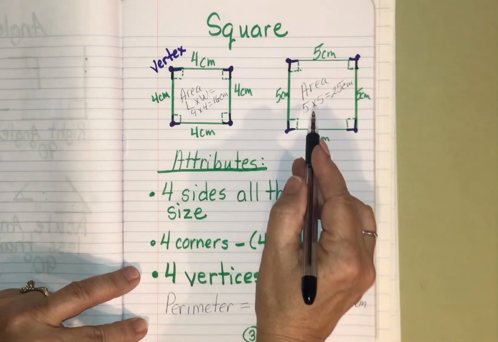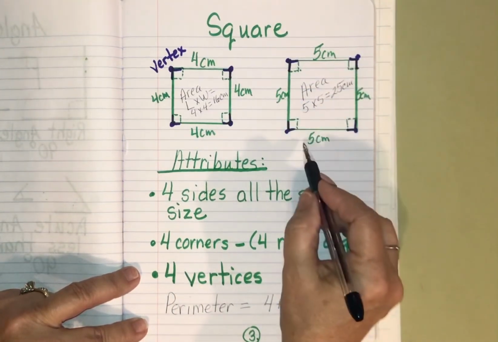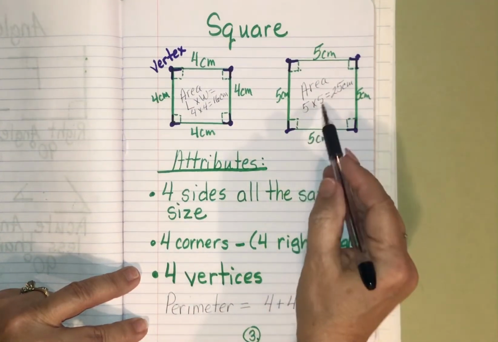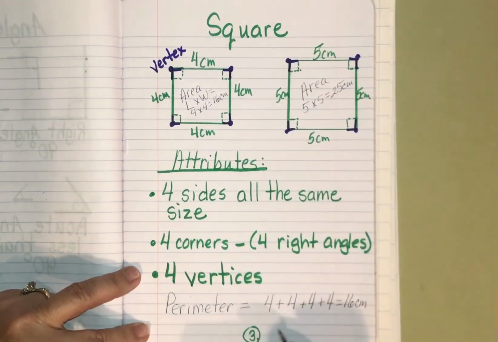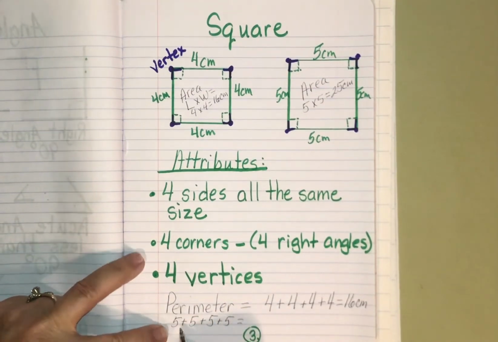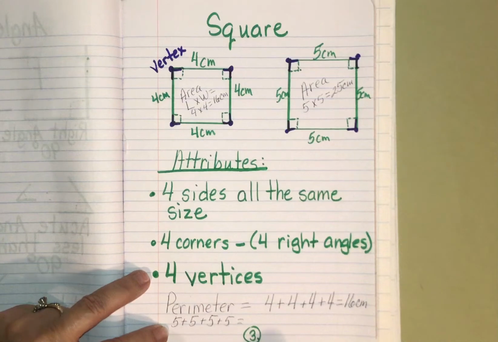The perimeter for this one would be 5 plus 5 plus 5 plus 5. All right? And that would be, let's do that one. So we've got 5, let's write it right here, plus 5 plus 5 plus 5. Now we can multiply this one, only it wouldn't be 5 times 5. It would be how many times are we multiplying 5? 1, 2, 3, 4.